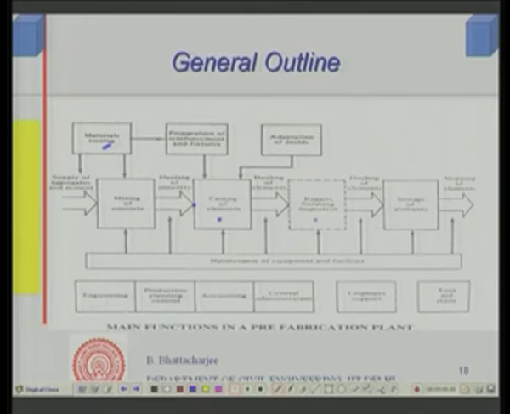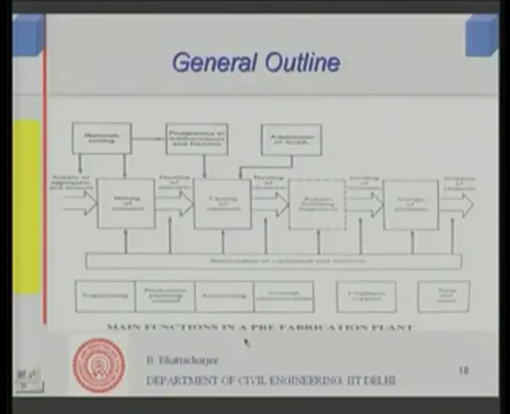And this is the supporting activities like engineering, production planning, accounting, etc. So, these are the 3 levels in a general situation of a precast, prefabrication casting yard or prefabrication plant. The main functions of the prefabrication plant are shown here.